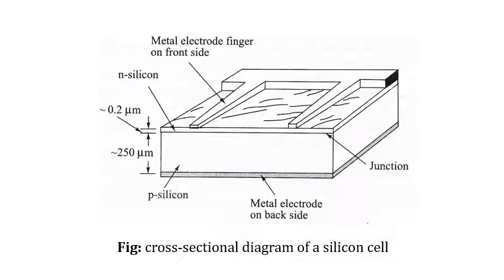An anti-reflective coating is applied on the top of the cell. In the figure, a cross-sectional diagram of a silicon cell is shown, which demonstrates how this p-n junction provides an electrical field that generates electrical energy.